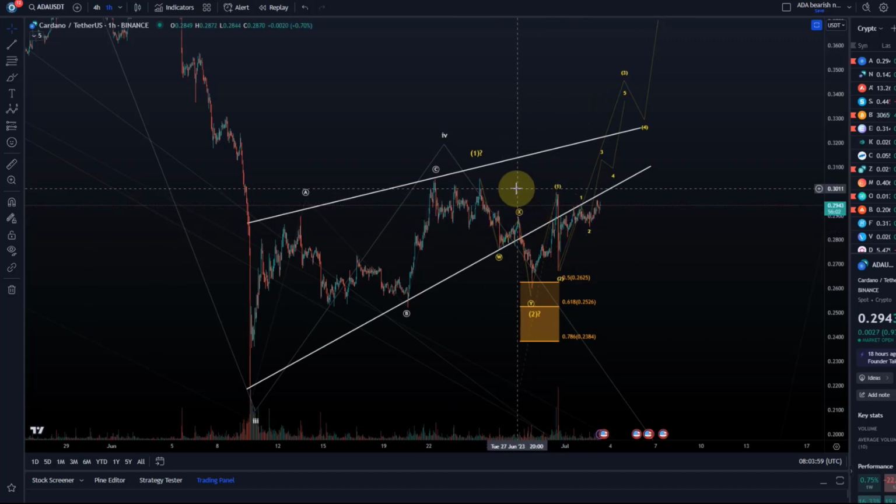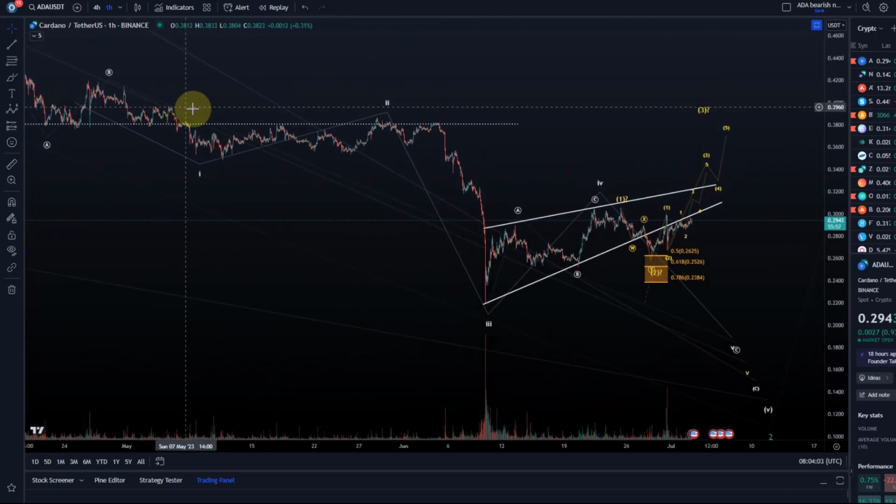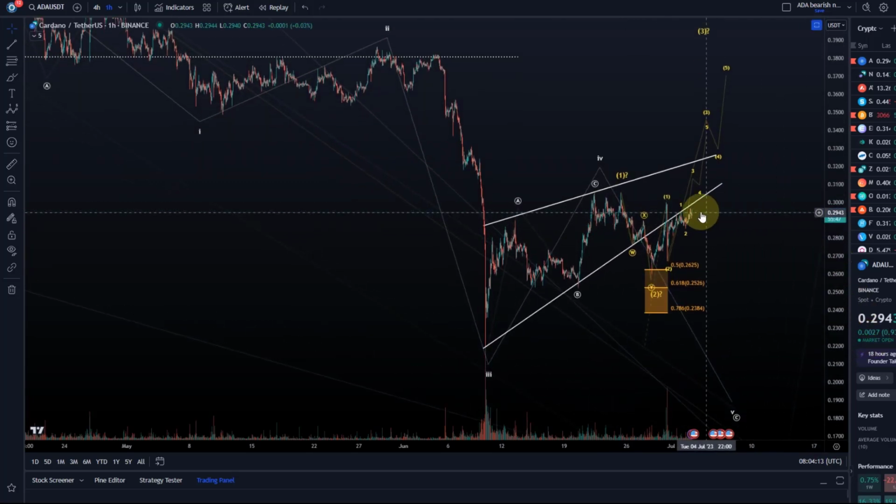Okay, so there are a few things here. We obviously have come from a downtrend. The move to the upside looks what we call very corrective. So we have a lot of overlapping price action. And as per Elliott wave rules and guidelines, we need to see at least a leading diagonal or an impulse, which would be even better, to the upside to indicate that price has bottomed here on the 10th of June.